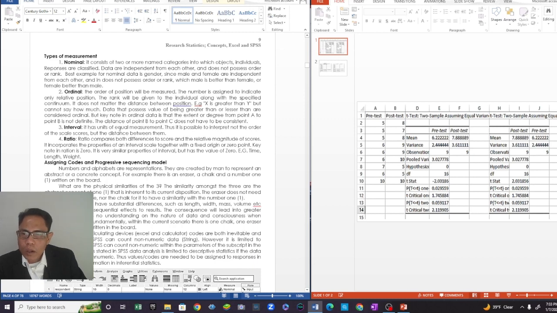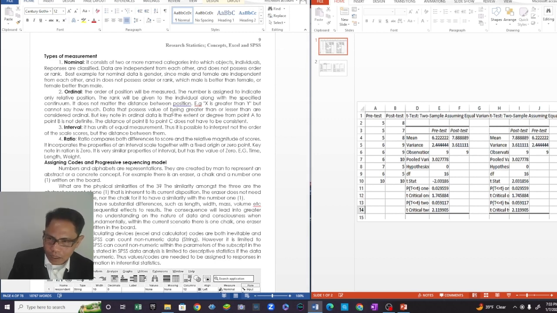Interval has equal measurement. Thus, it is possible to interpret not only the order of the scale scores, but also the distance between them. So when we say ordinal, the distance between A and B doesn't have to be the same as the distance between B and C. But in an interval, the distance between A and B and the distance between B and C should be the same.